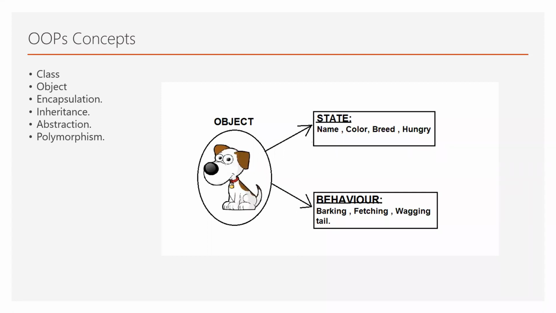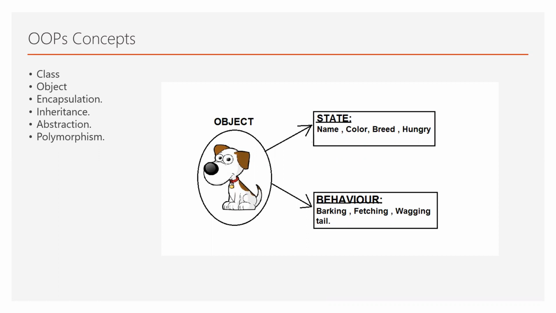And once we have identified our objects in our programming, then we should come up with two things: state and behavior. So every object that we create in Java will have a state and a behavior. Okay, so basically, what is a state? State is nothing but the attributes, properties of that particular object.